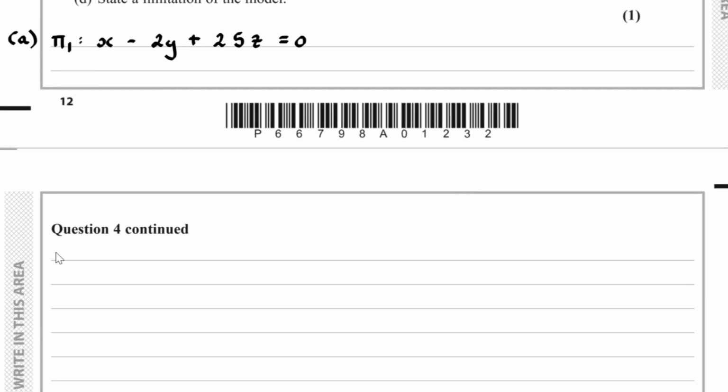So our normal vector n is equal to i minus 2j plus 25k. So this is our normal vector.